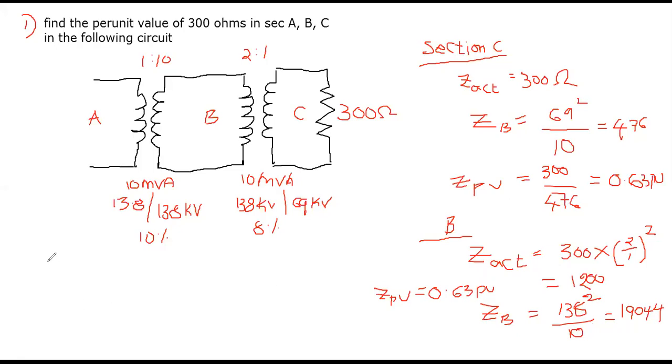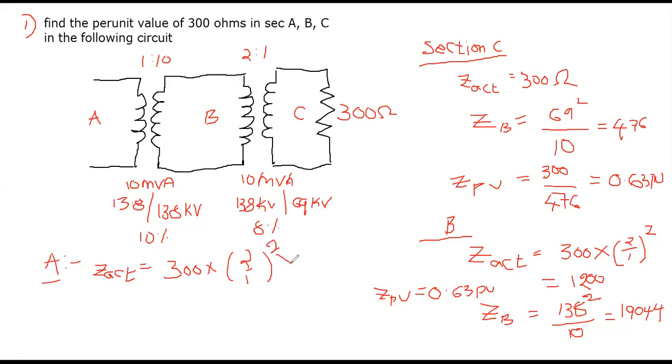Now we are coming to section A. Z actual is again different. Obviously, 300 ohms has already been shifted to section B. Now one more step is there. So 300 multiplied by, first of all, you need to convert this 300 to section B, so 2 by 1 whole square.